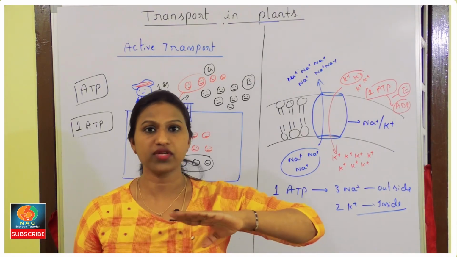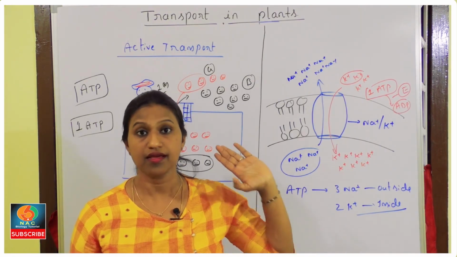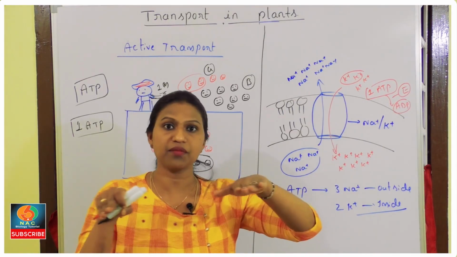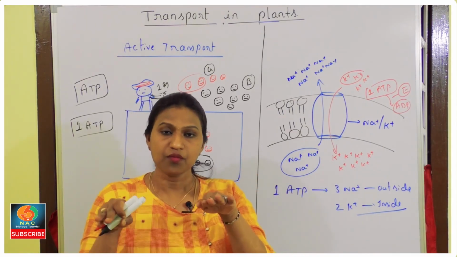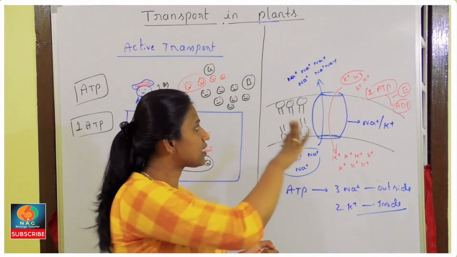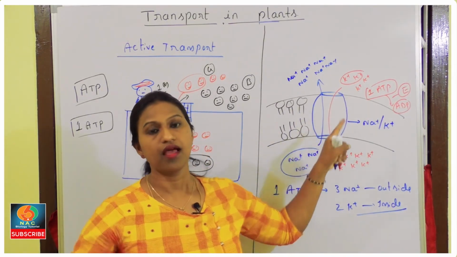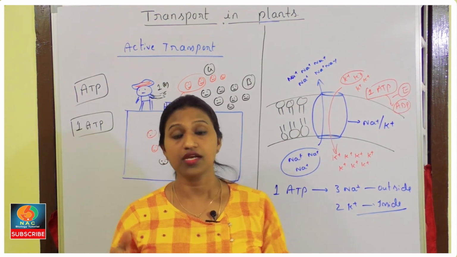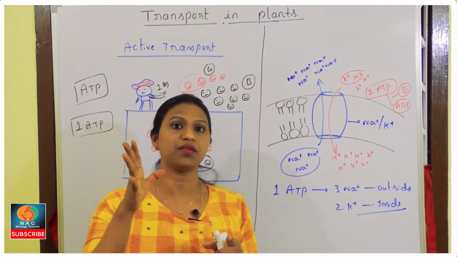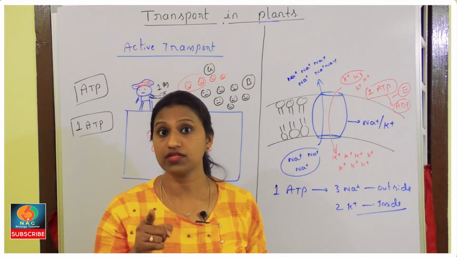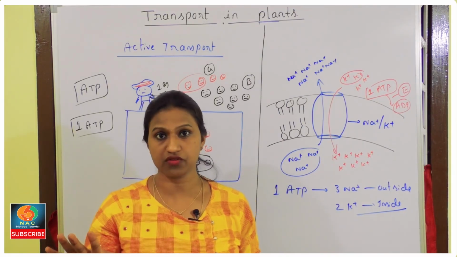Here the protein involvement is not taking place at all. Whereas if you come to facilitated diffusion and active transport, they are almost alike. That means both are the same. Even in active transport, the molecules take the help of a protein. There also, in facilitated diffusion, the movement of molecules takes place with the help of a protein. But in facilitated diffusion, they follow the concentration gradient without expenditure of energy.